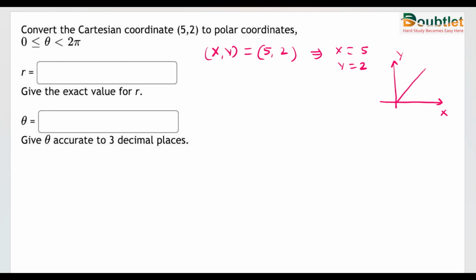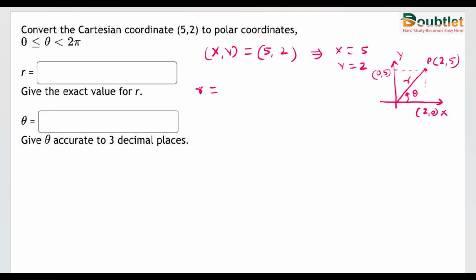If we draw this line like this, this point is 5, 0, and this point is 0, 2. So we can write the coordinate of this point P as 5, 2, and this line drawn from the origin to this point is the polar radius. This distance is r and this angle is theta. Now we need to find r and theta to convert this into polar coordinates.